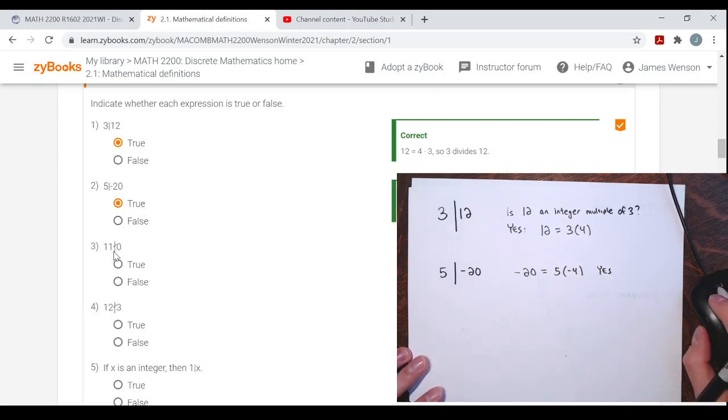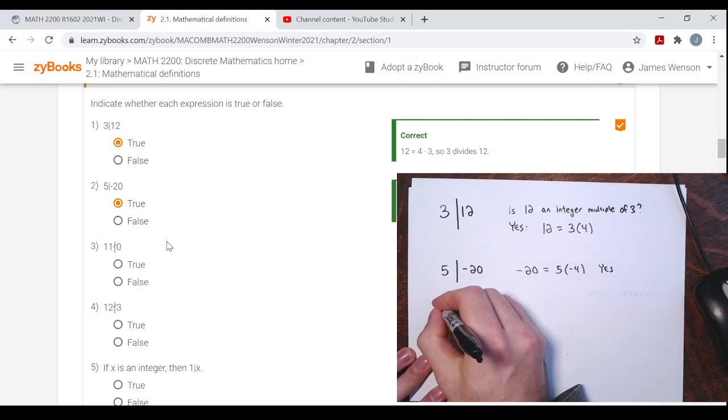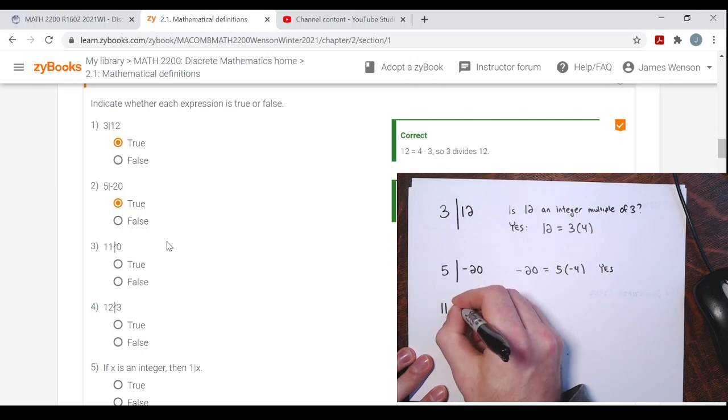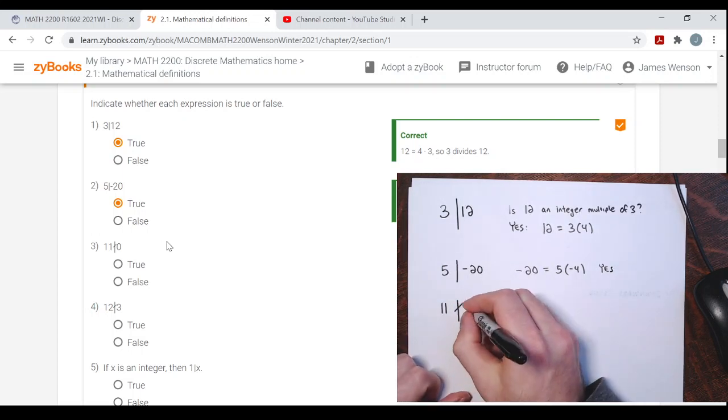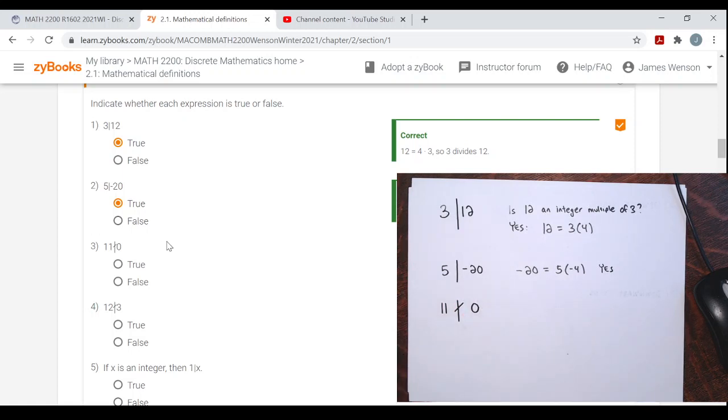Now, again, the little slash through the bar means it doesn't divide. 11 does not divide 0, right? See the little slash through it. Well, let's look at the opposite. Is this true? Does 11 divide 0? Yeah, you can write 0 equals 11 times 0, can't you?